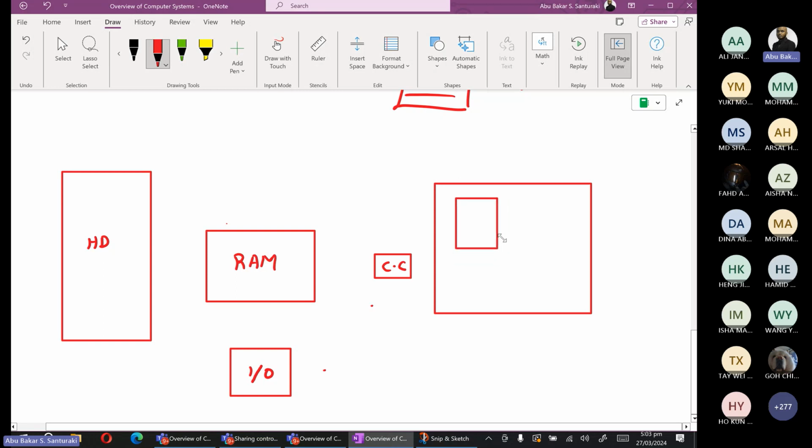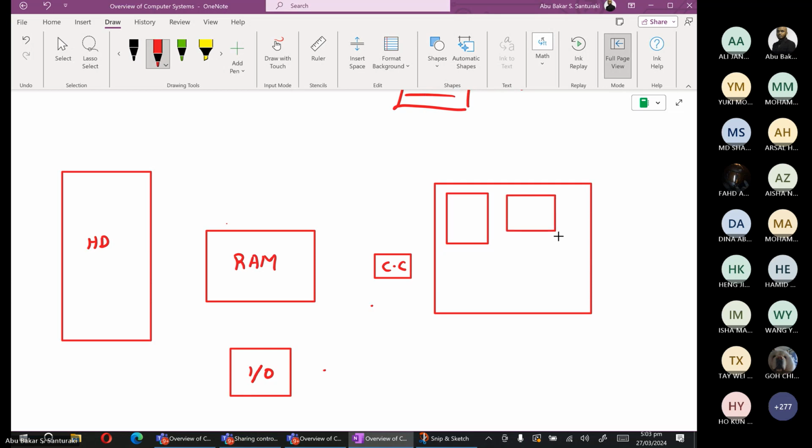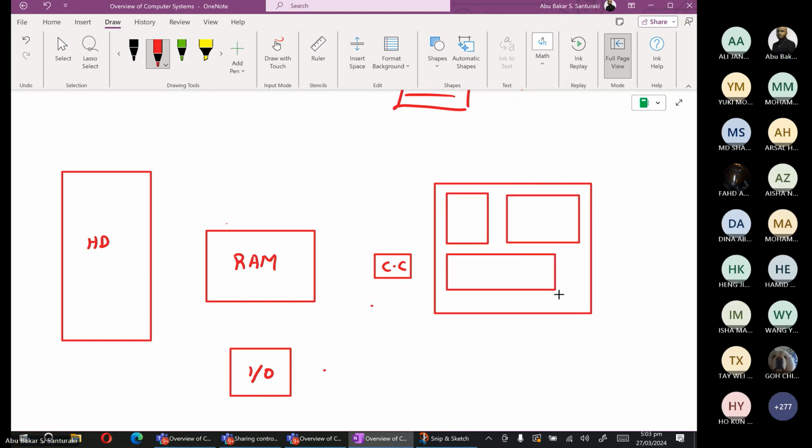So this will represent the CU. Then I will have another block. This will represent the ALU. And lastly, one to represent the registers. Let me just note them. So this is the control unit, this is the arithmetic and logic unit, and these are the registers.